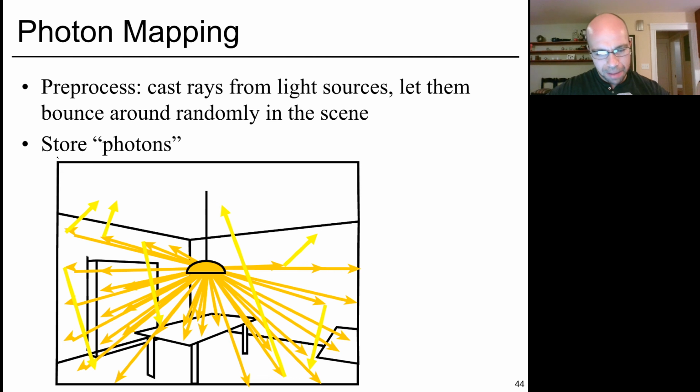So in photon mapping, we have a pre-processing step where we cast a bunch of rays out from the light source, let them ping pong around in our scene for a few bounces, and just store them wherever they land in our 3D scene. So we might bounce it 3 times, each time keep track of the decay of the light as it bounced, thanks to the BRDF and the cosine term, and then just attach it to some 3D location where it landed after some number of bounces. Probably not too many, because each time the amount of light decays quite a bit.